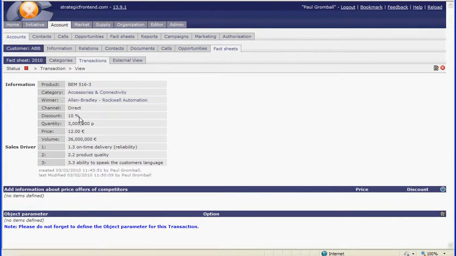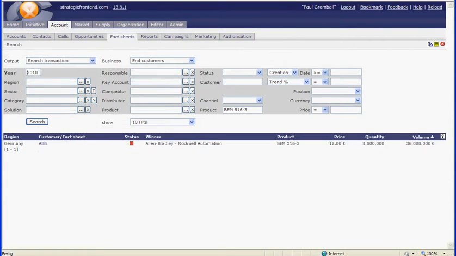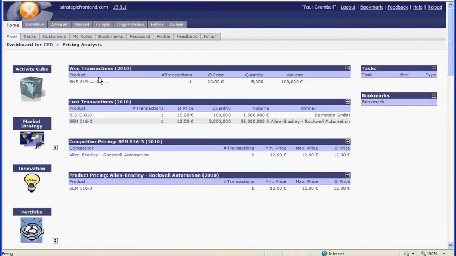Direct channel, this was the discount, the quantity, the price he offered, the volume, and also I think the sales drivers, what was important, which we maybe could not do so much. So this is actually, I think, a very good kind of analysis for the pricing side.